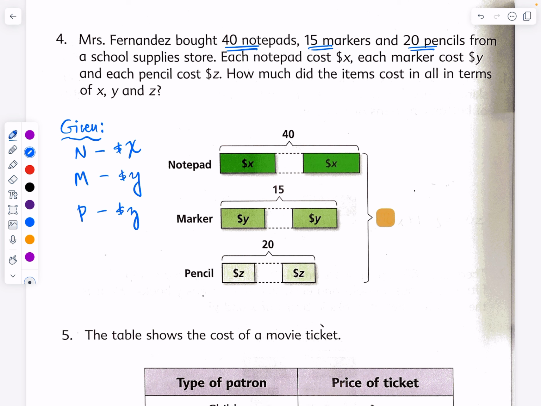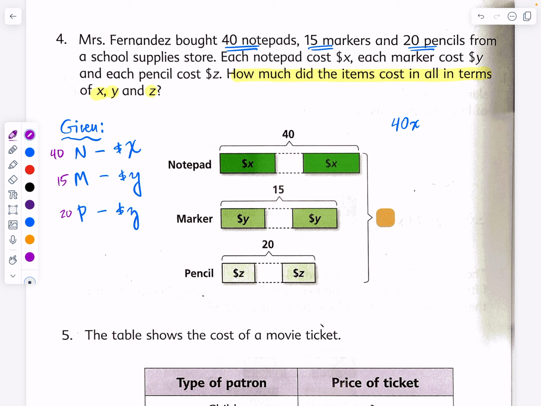Now, what is the question? How much did the items cost in all in terms of X, Y, and Z? Meaning write an expression for the total cost. Well, we know she bought 40 notepads. So altogether, the notepads would cost her 40 times X. We know that she bought 15 markers, and 20 pencils.